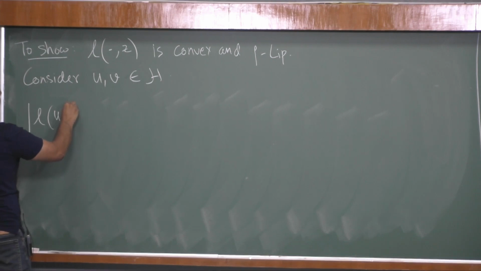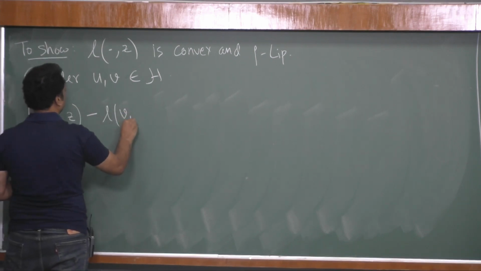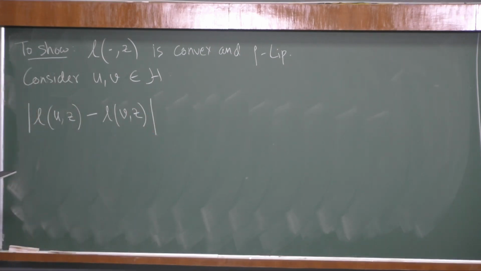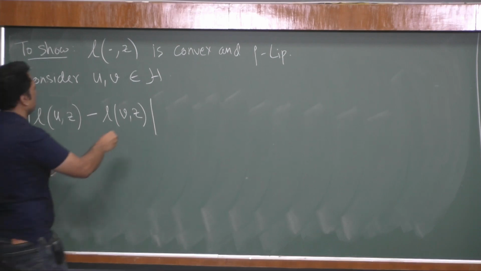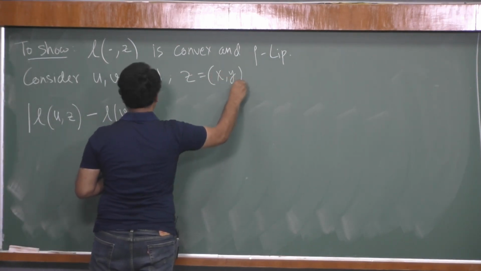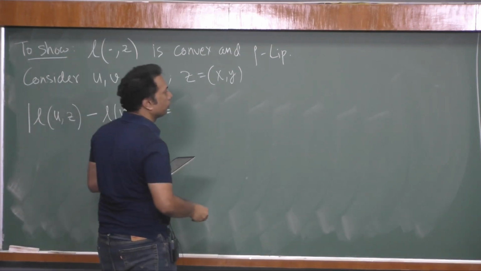So the combined pair is written as L(U, Z) - L(V, Z). Now L(U, Z) by definition, we may have to split this anyway, but let us say Z is (X, Y), so the feature and the label. In this case I will use that.